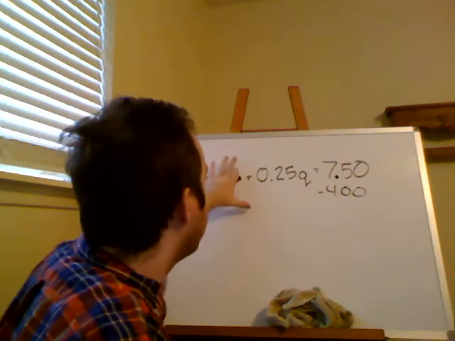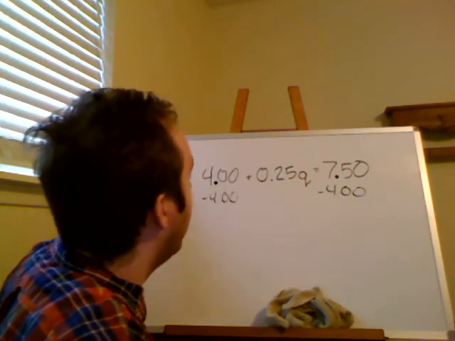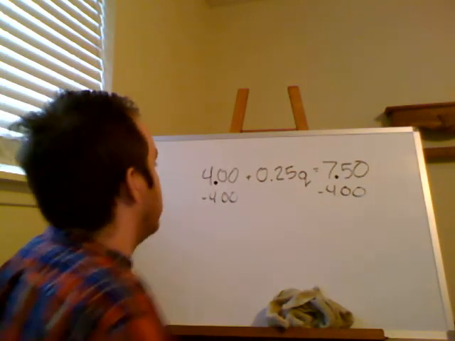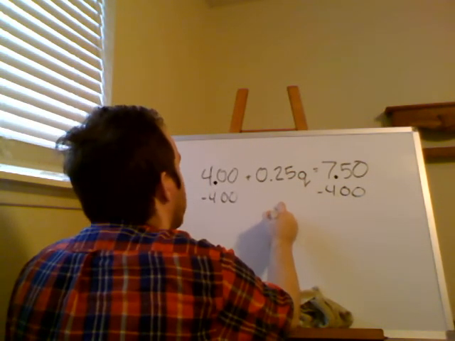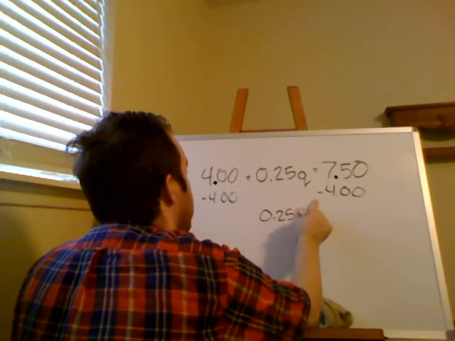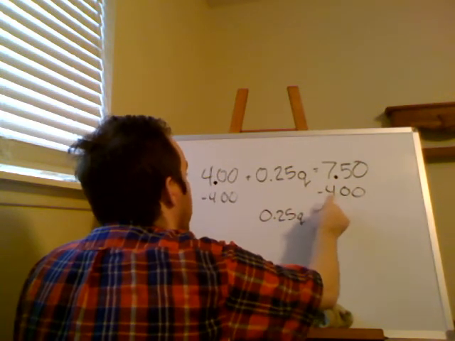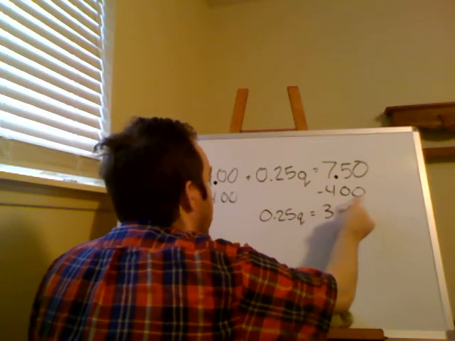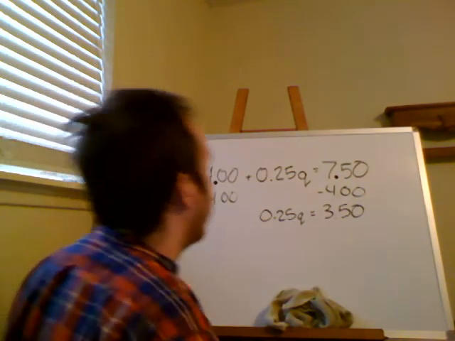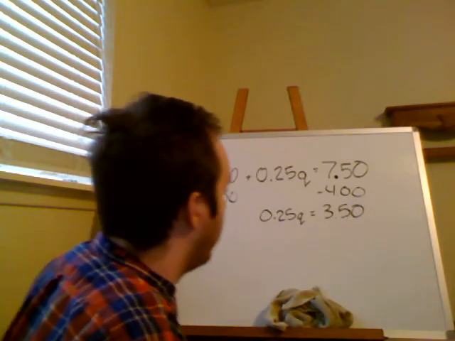So we want to take those bills out of the picture and focus instead on what the quarters add up to. So the quarters, 25 cents times those number of quarters, should sum up to $3.50, or the product there is $3.50.